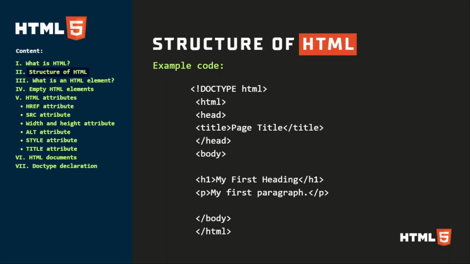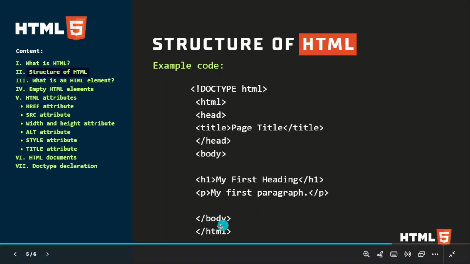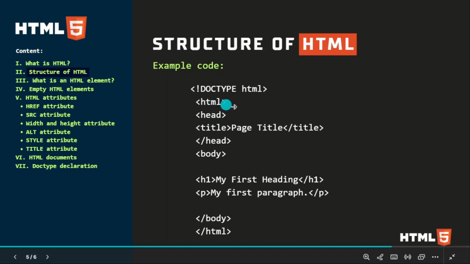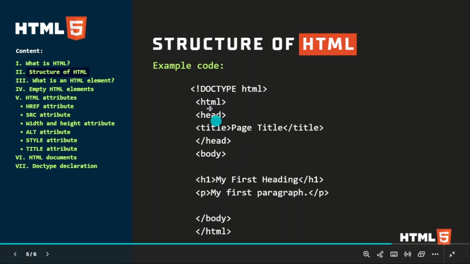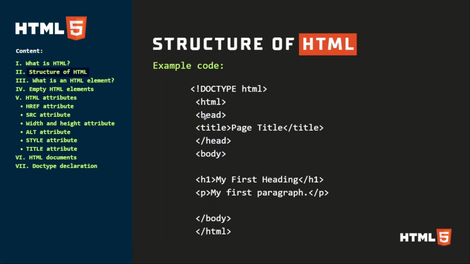Below this there is a tag called the html tag. This is a starting tag, and similarly there is a closing tag. All the other tags come inside the html tag. After that we have a head tag. There will always be an opening tag and a corresponding closing tag.